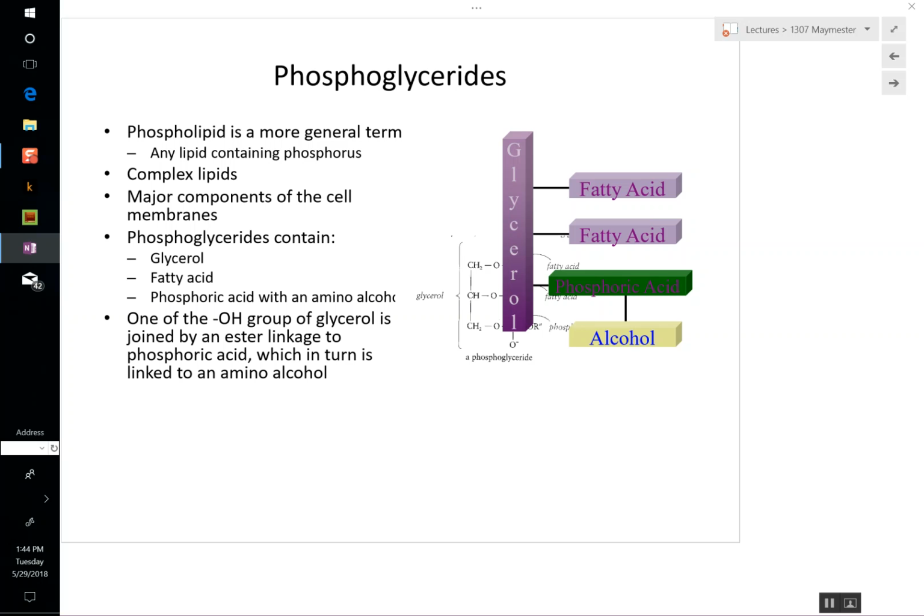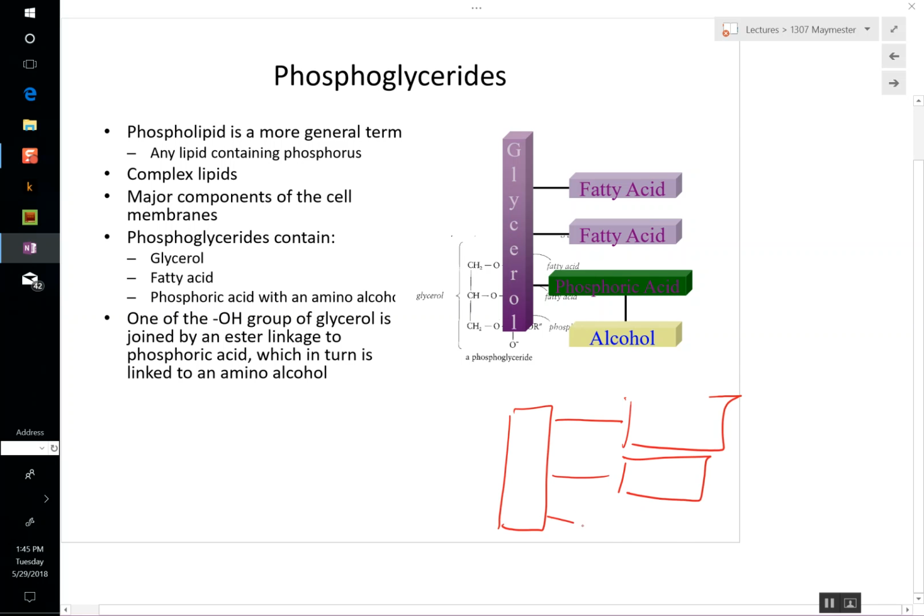And remember the triglyceride was just 3 fatty acids. This is your triglyceride. This is your phospho.